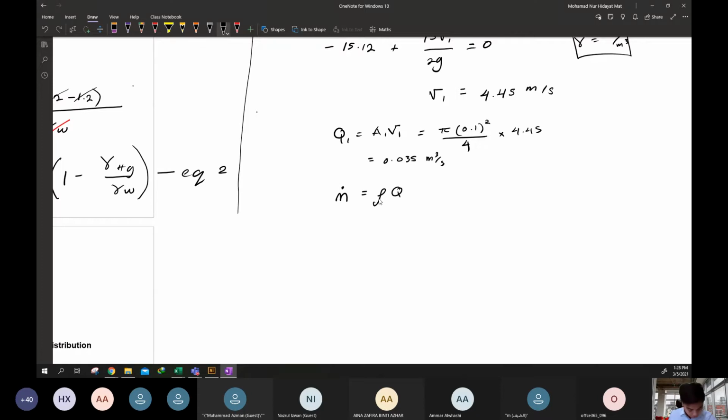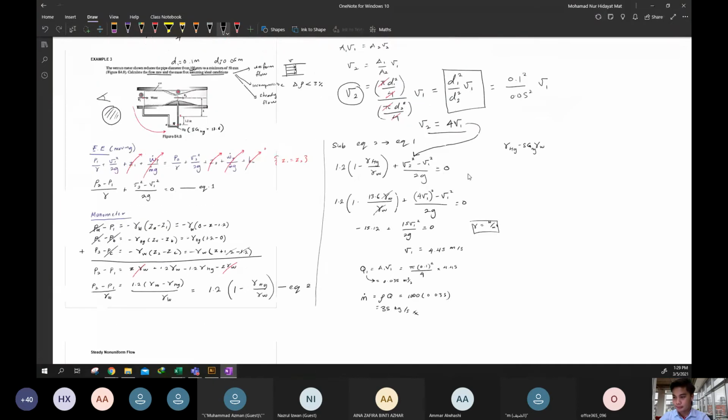Do you have the rho of water? Yes, the rho of water is 1000. This is standard, yeah? Multiply with Q, 0.035. You will have 35 kilogram per second. Okay, guys, do you understand until this section? Yes. Okay.